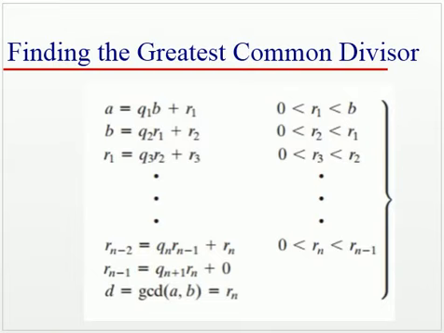So now what we have done is divided b by r1. Then again, if r2 is not equal to 0, we can further calculate r1 equal to q3 into r2 plus r3.